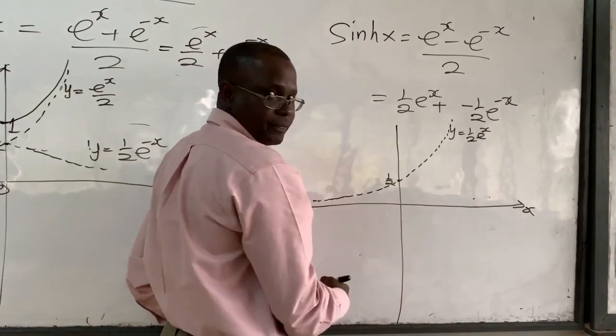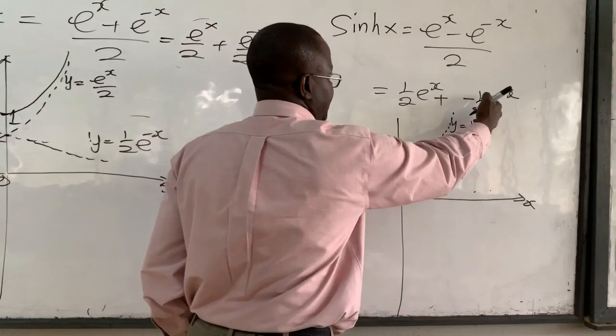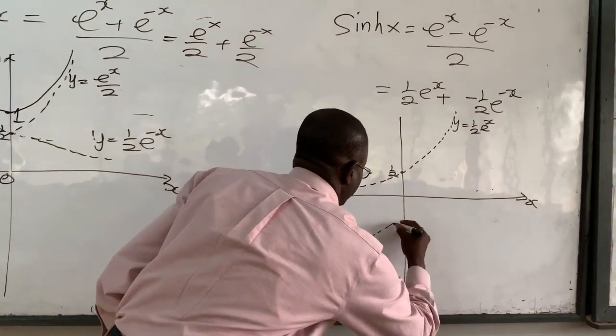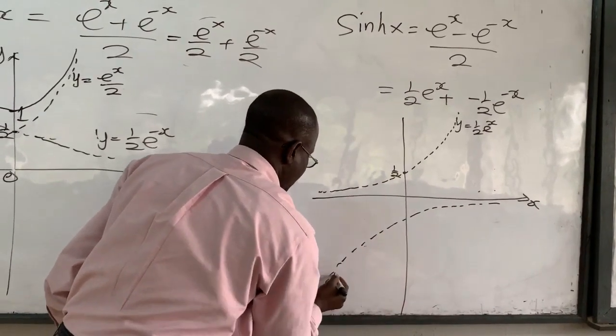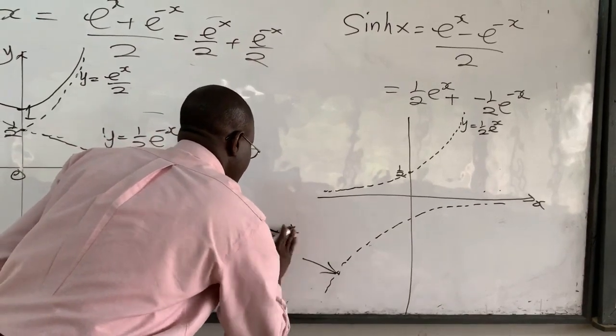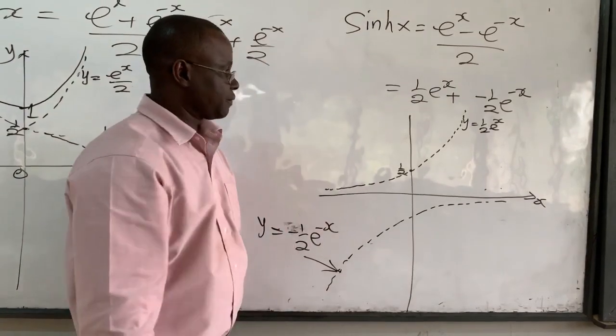Now it is negated. Okay, we negate it. So the negative 1/2 of e to the negative x is a graph that goes like so. So this guy here is negative 1/2 e to the negative x.